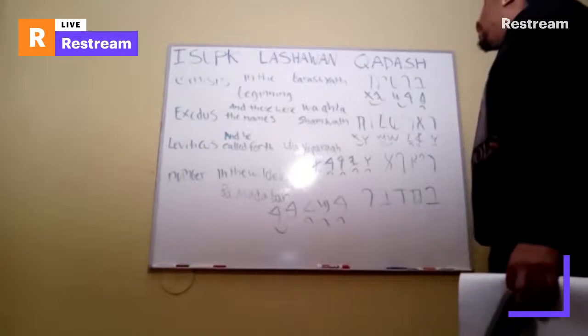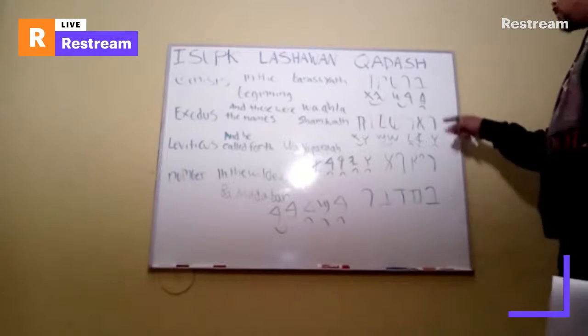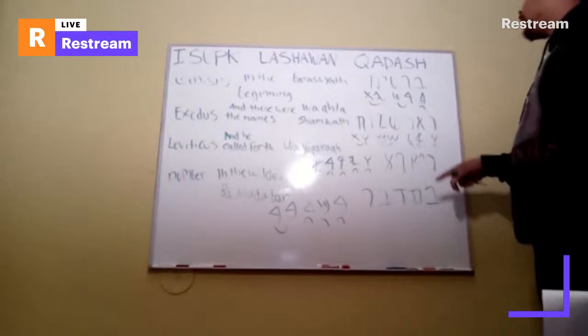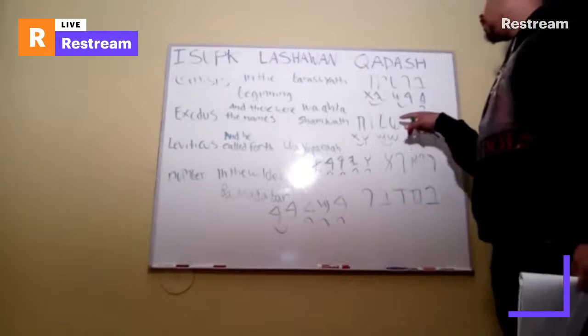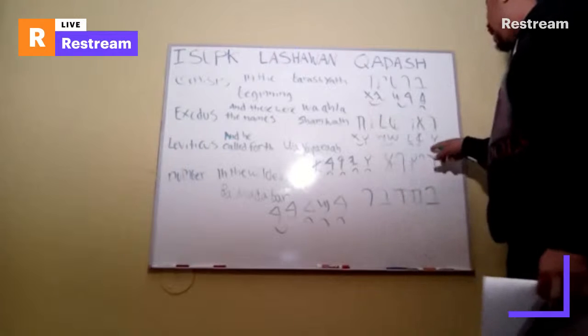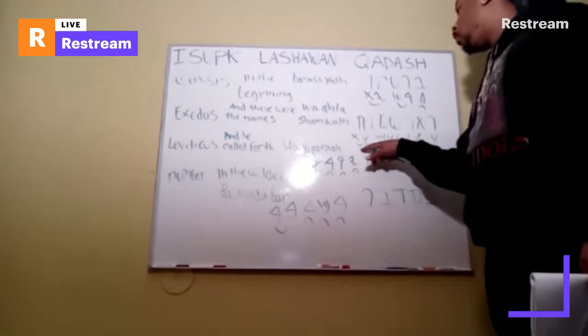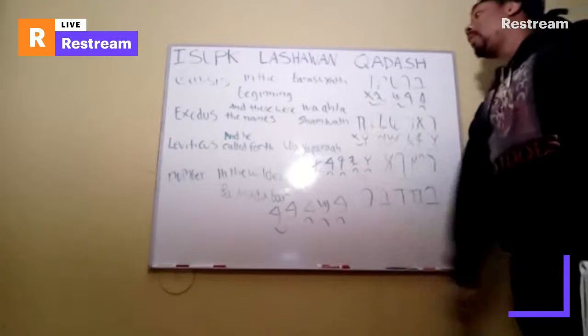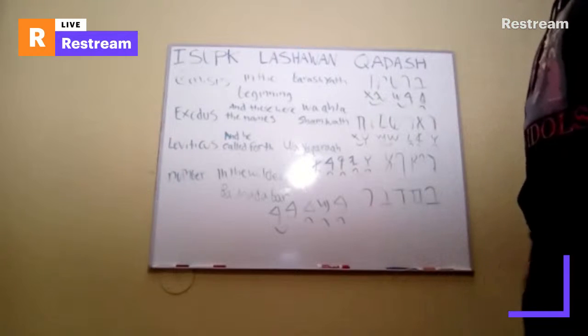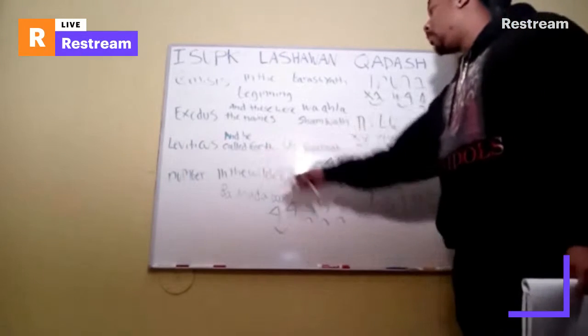Exodus, Wa Allah Shamwaf, right? The Assyrian way of spelling it, Wa Allah Shamwaf. It's Exodus, or and these were the names. Leviticus means and he called forth.